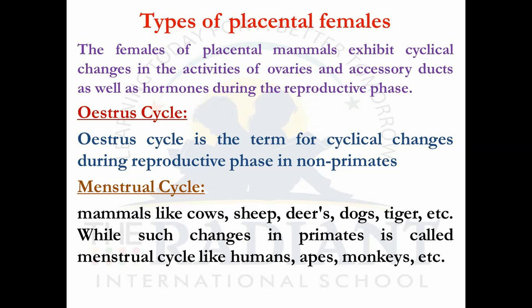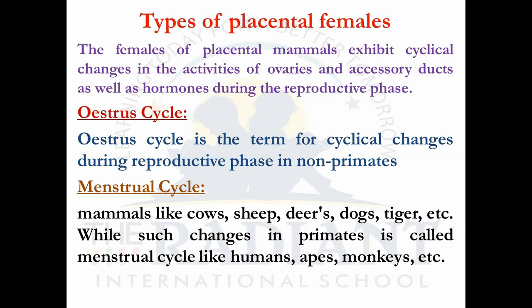Especially the placental females of mammals exhibit cyclic changes in the activities of ovaries and accessory ducts as well as hormones during the reproductive phase. That means there are two types of cycles: the estrous cycle and the menstrual cycle. What exactly is the estrous cycle?